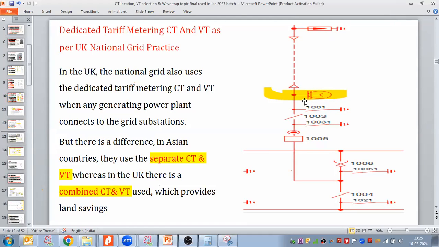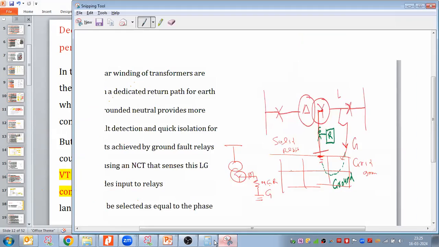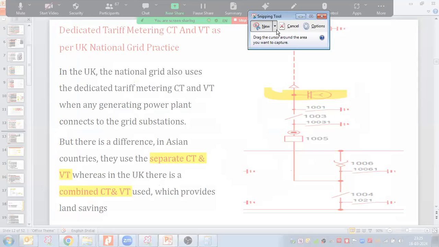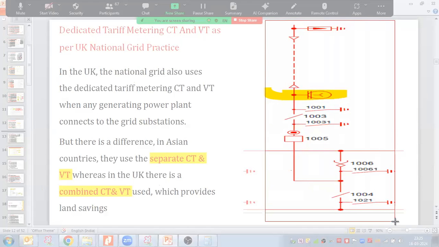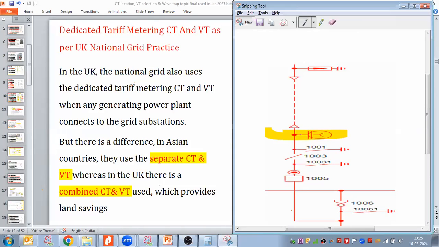Before the two arrows coming, I don't visualize that. The arrow is indicating the cable there. Okay, cable. I'll tell you what happens. In this particular substation, about 400 meters away from the substation, we are converting the overhead line into underground cable.